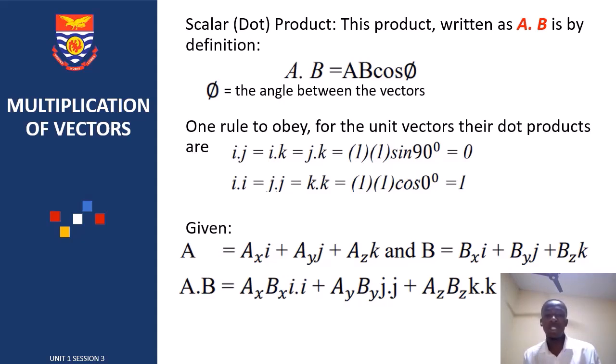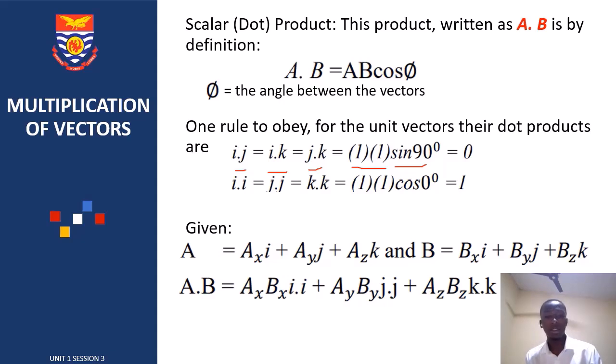Let's look at some properties, or the laws, that we have to obey in using the dot product. Anytime i is multiplied by a different direction, say j, or say k, we always get 0, because in finding the direction between them, let's say we have its magnitude to be 1, 1, we are going to have 1 times 1 multiplying sine 90 degrees, which at the end is going to give us 0.